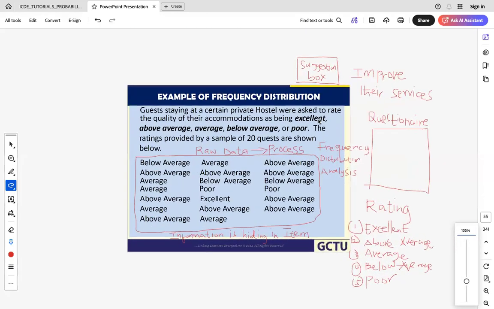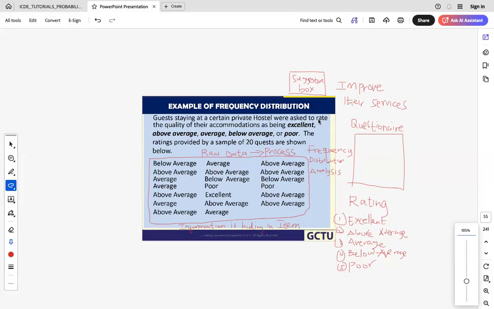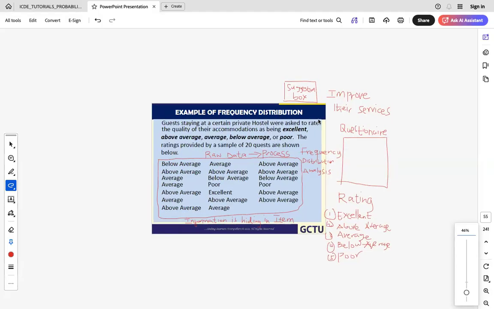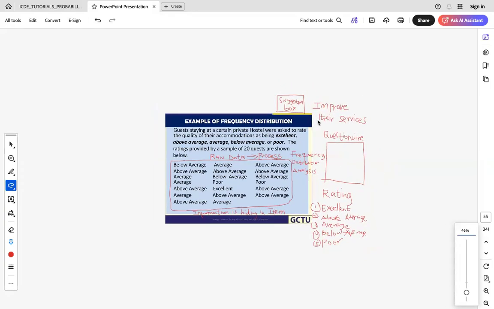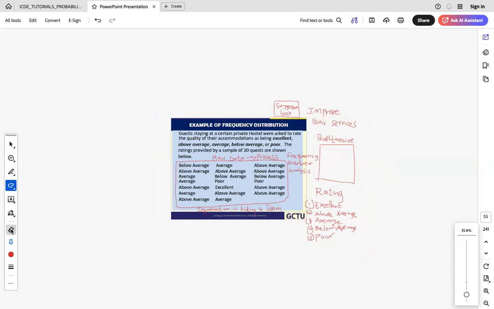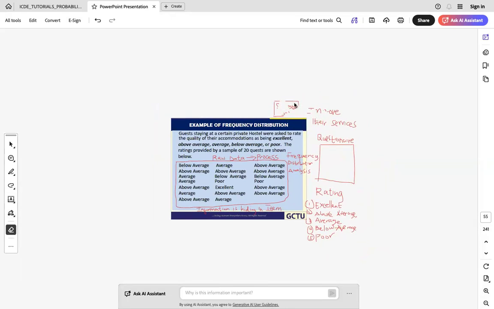So let's do our table and then we can process this data. So I'm going to draw the 8-column table again for you. And then we'll start picking the necessary data we need.